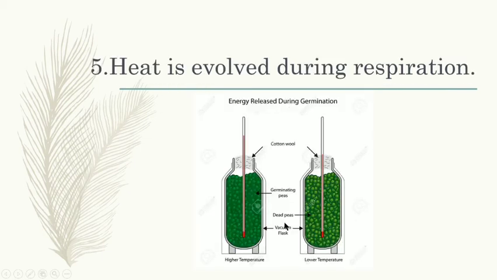Now next, heat is evolved during respiration. For this, we are taking 2 thermos flasks. Instead of simple glass test tubes or flasks, we are using thermos flasks. Again the question arises, why do we use the thermos flask here? We use it because the walls are made up of heat insulating material.